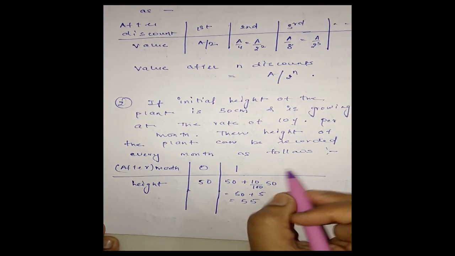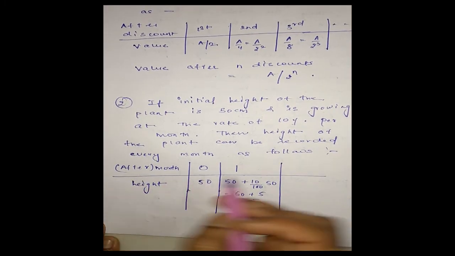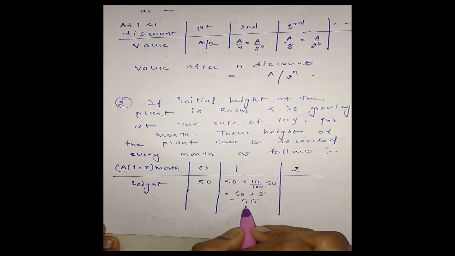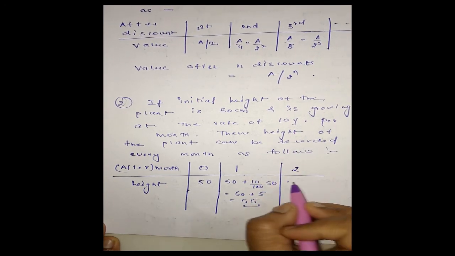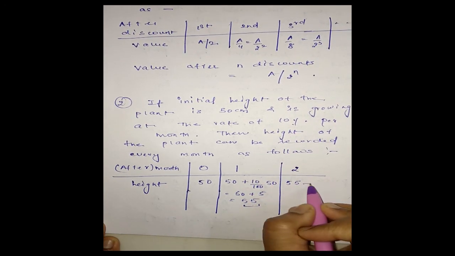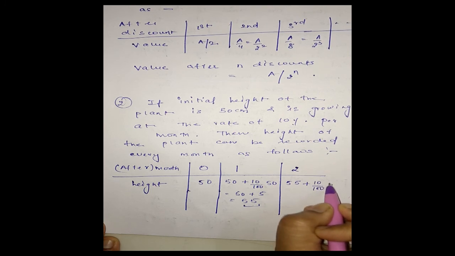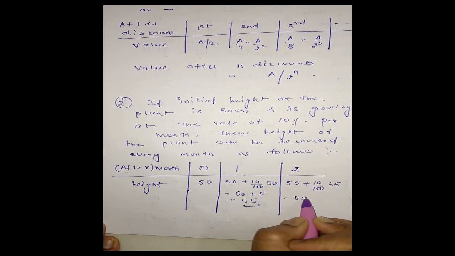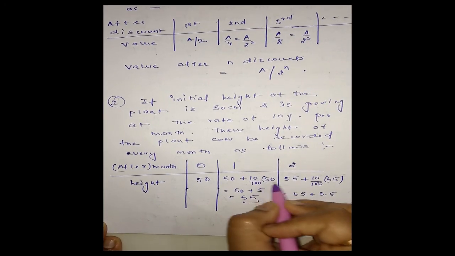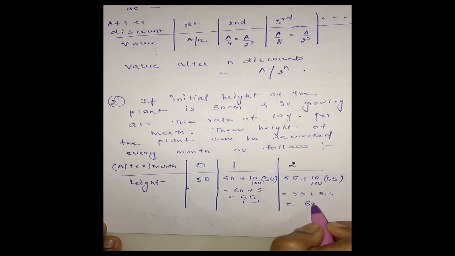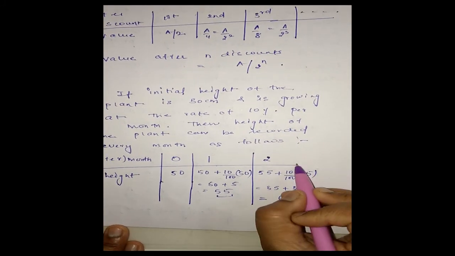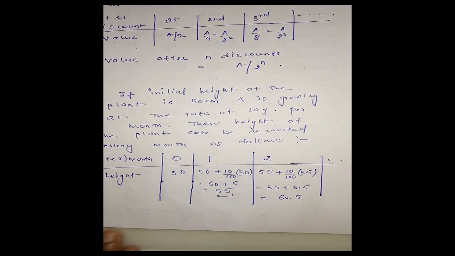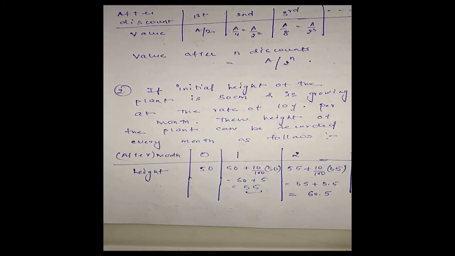After the second month, 10% of 55, 55 plus 10% of 55, that is 55 plus 5.5, that is 60.5. That's how we will calculate the height after n number of months.